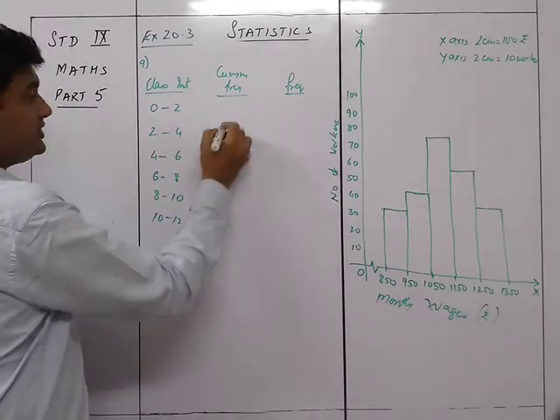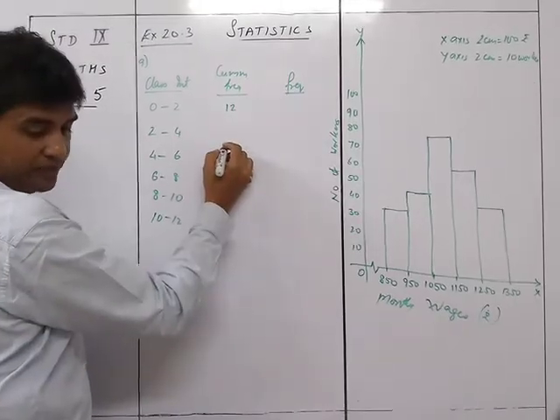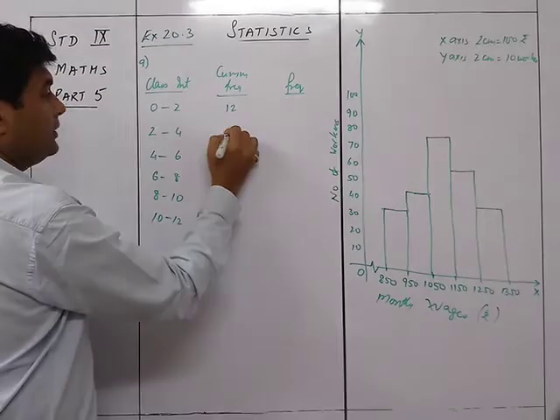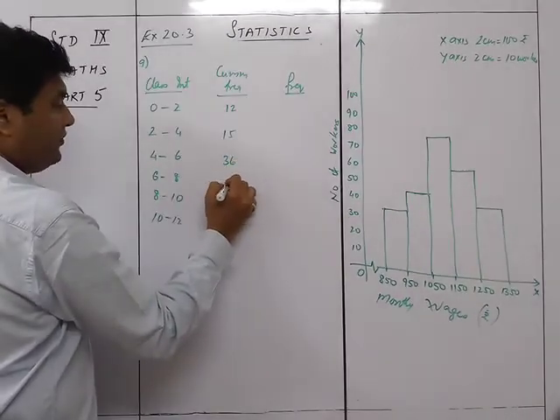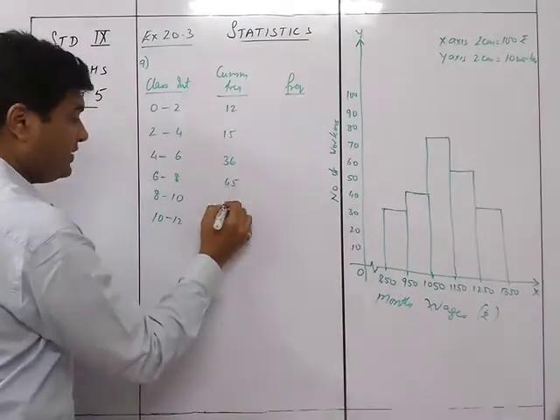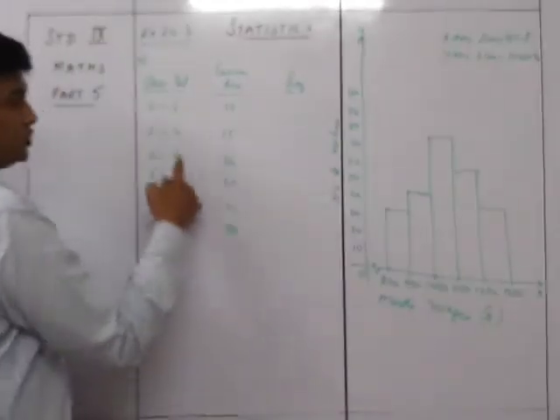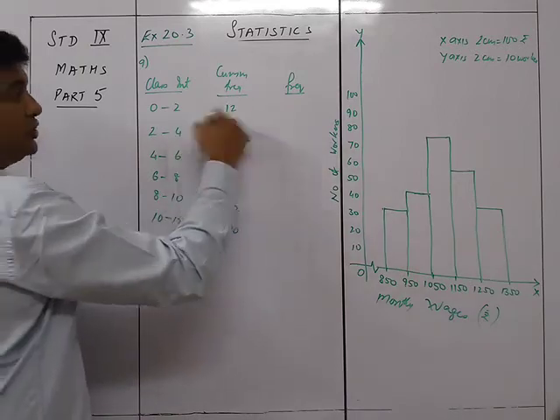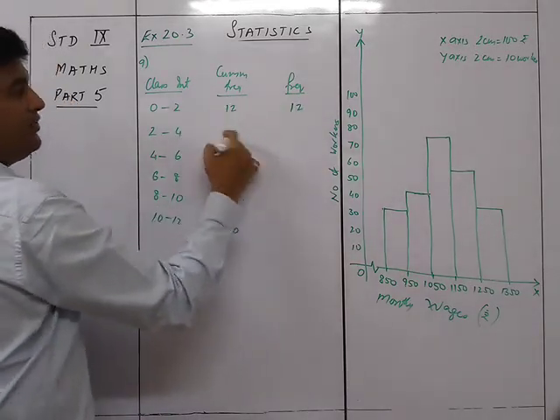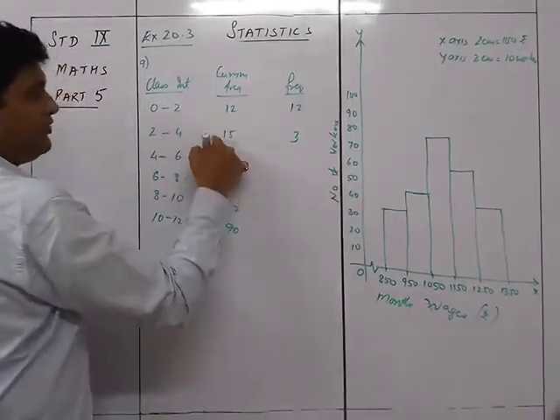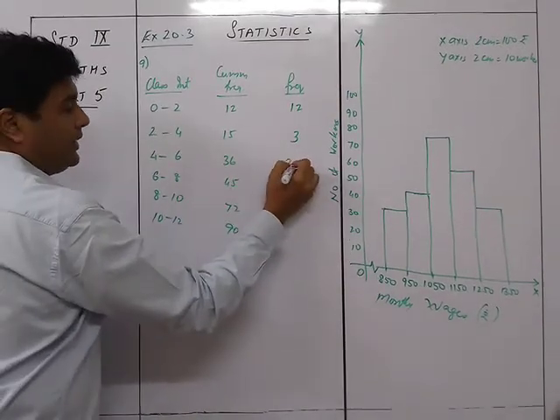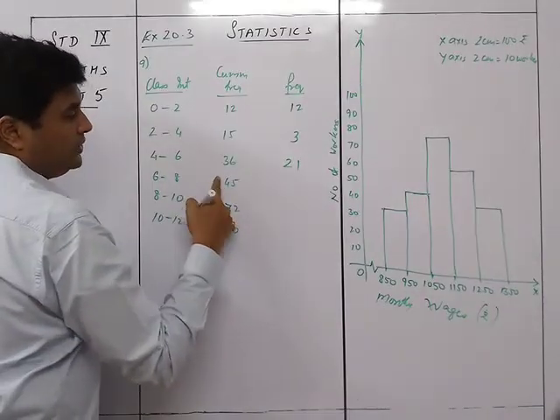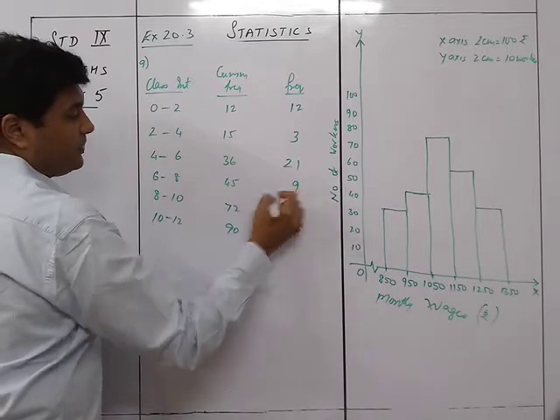The cumulative frequency is 12, 15, 36, 45, 72 and 90. Because it was below 2, below 4, you need to find the frequency from the cumulative frequency. So 12 stays 12. What is the difference between these two? 3. What is the difference between these two? That is 21. What is the difference between these two? That will be 9.